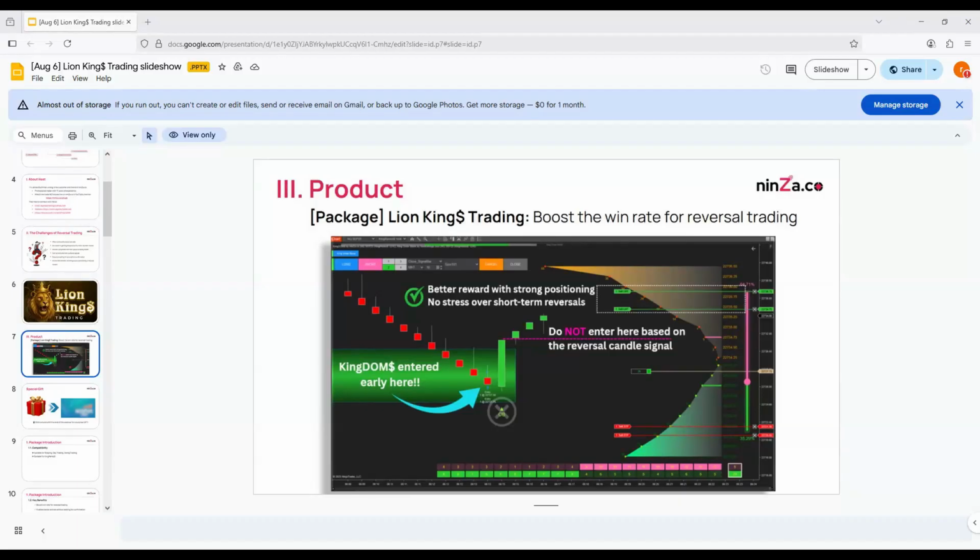Now, this King Order Block, which finds dynamic support resistance zones, is combined with Kingdom. Kingdom is an indicator that looks at level 2 data. Very important. I spoke about this in the first webinar, but it's worth repeating: it needs access to level 2 data.